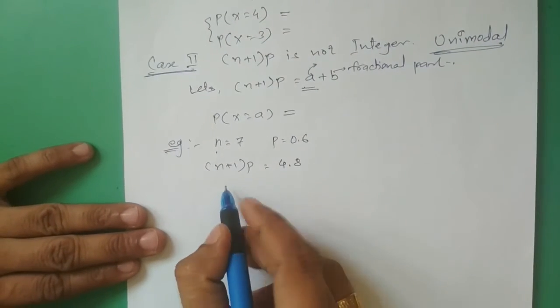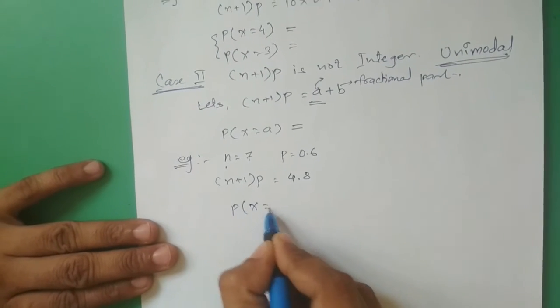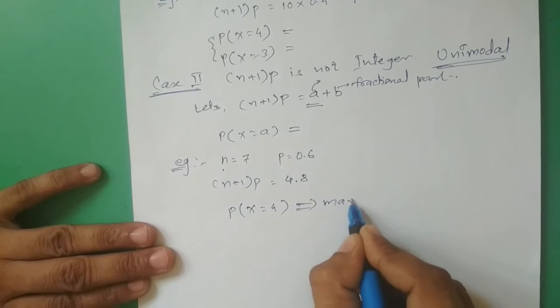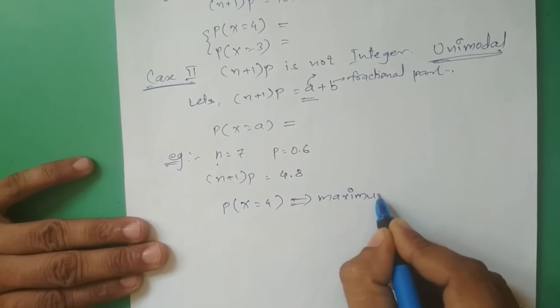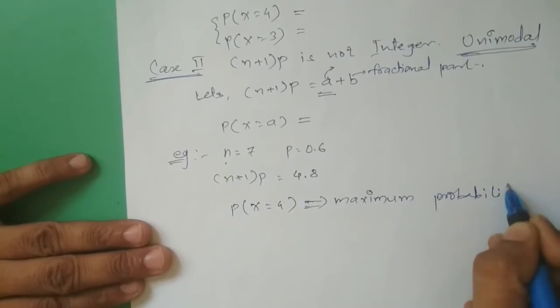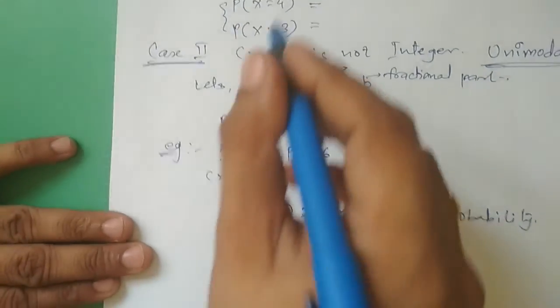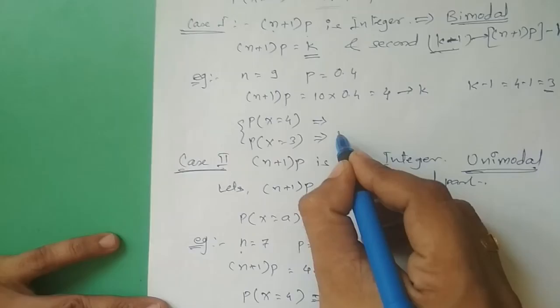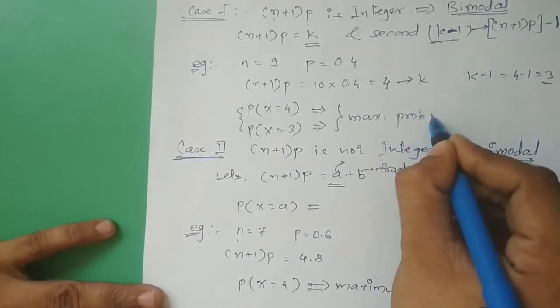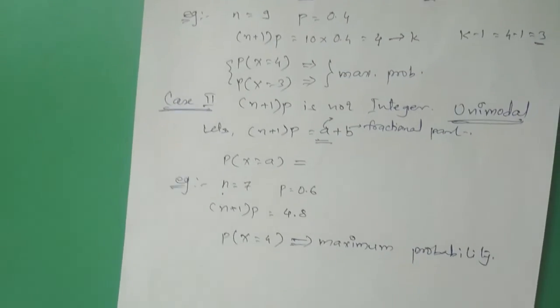So you will get a maximum probability at P(X = 4). This always gives you the maximum probability. If you put the values in the equation, you will find that at this place you will get a maximum probability. So this is about the mode of a binomial distribution.